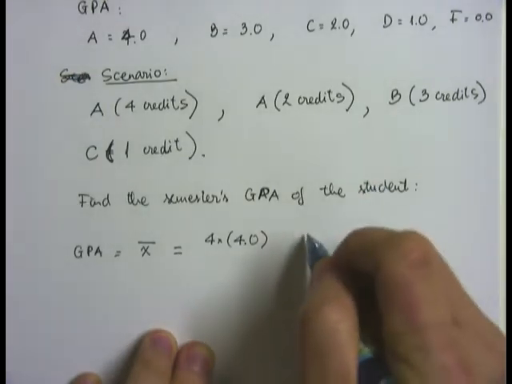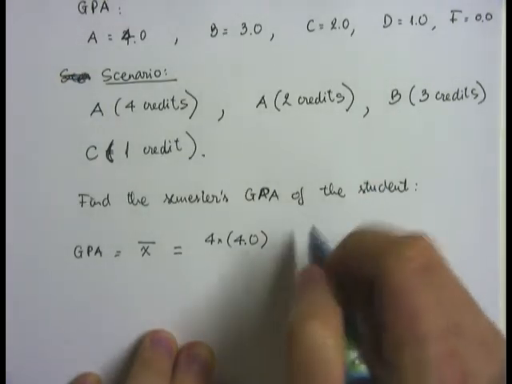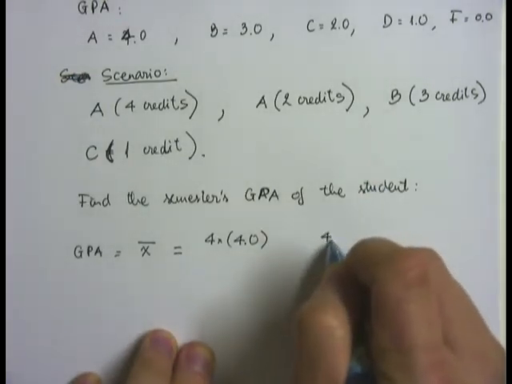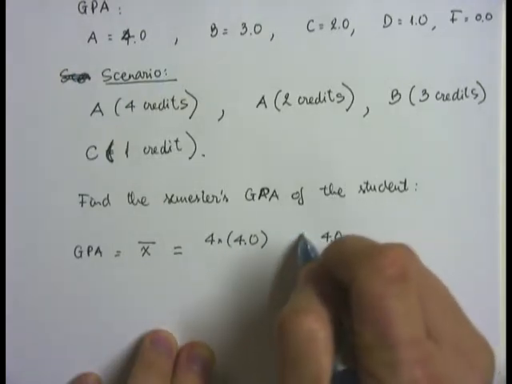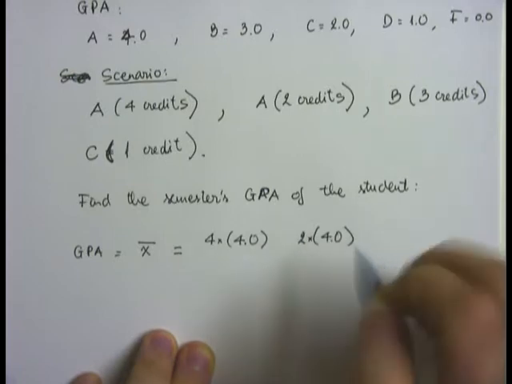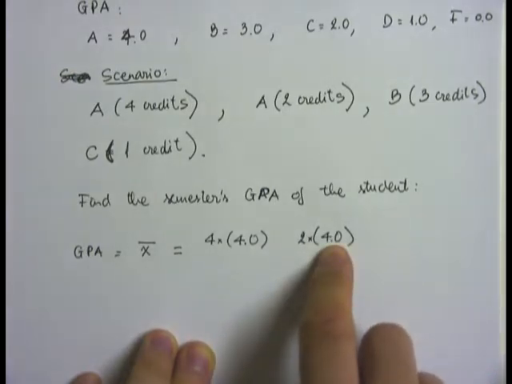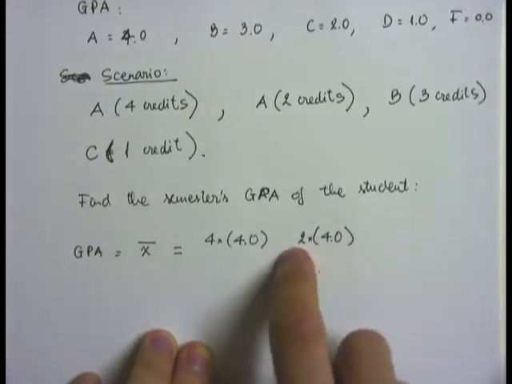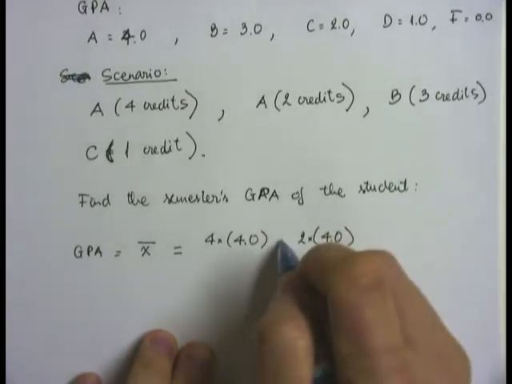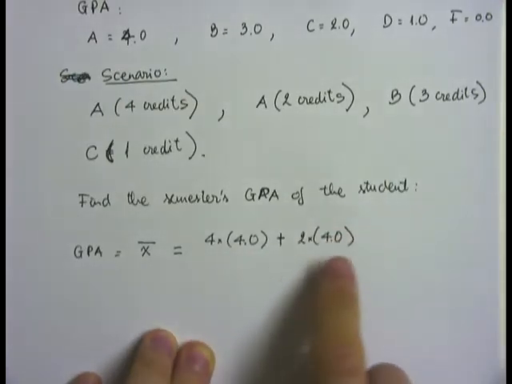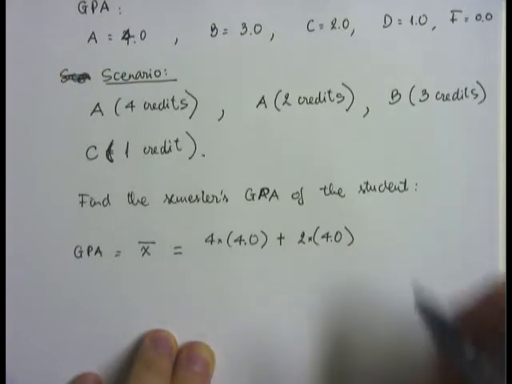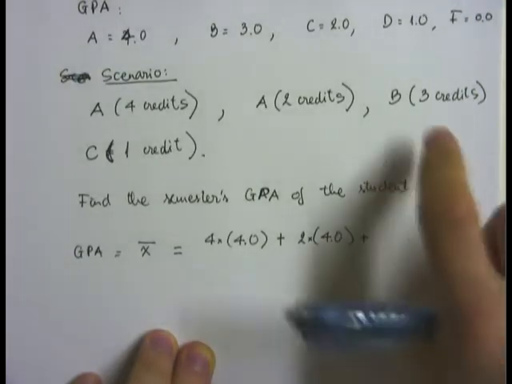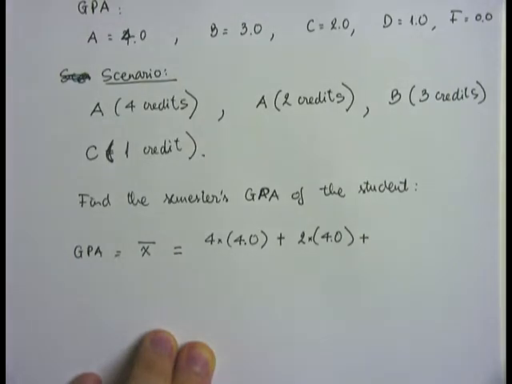Looking over to the next A, we have 4 points again, but this time the 4 points are only for a 2 credit class. So the weight for that second A is only 2 credits, and you multiply the 4 points by 2. Then we move over to the next grade point value.